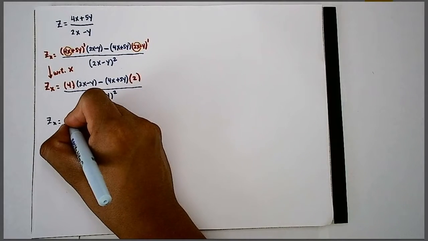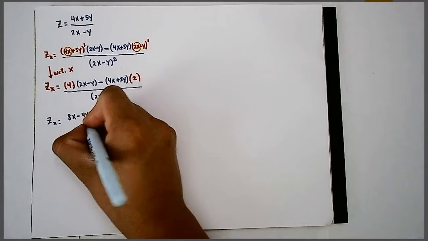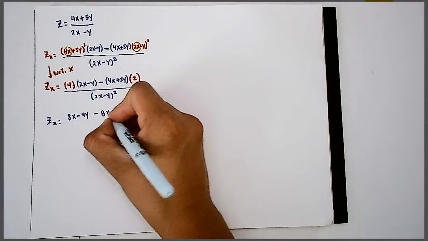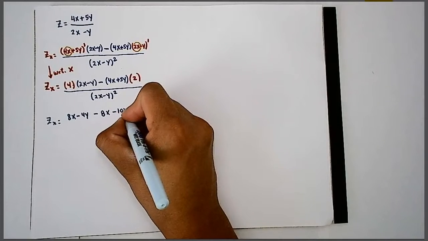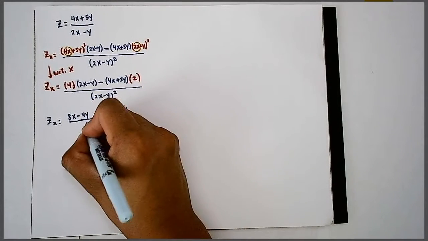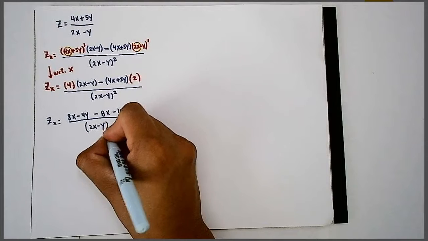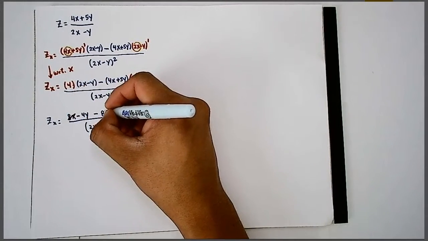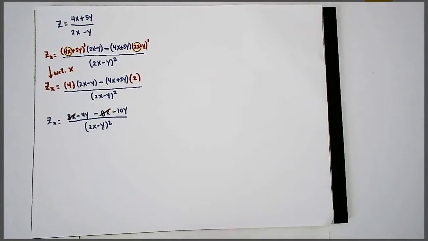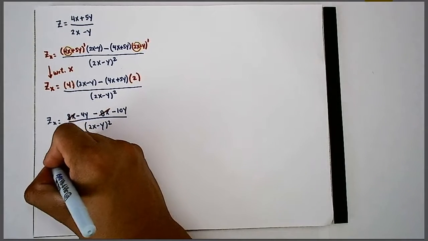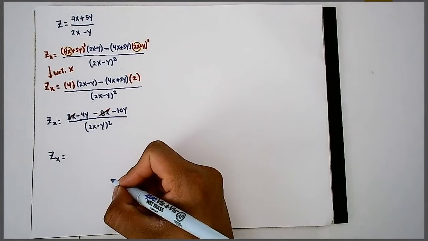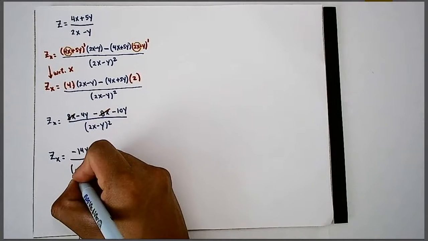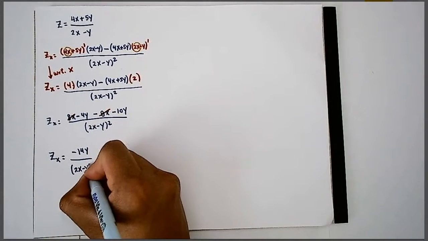This is 8x minus 4y minus 8x minus 10y. We can simplify 8x minus 8x, which means that the derivative of z with respect to x is minus 14y divided by 2x minus y squared.